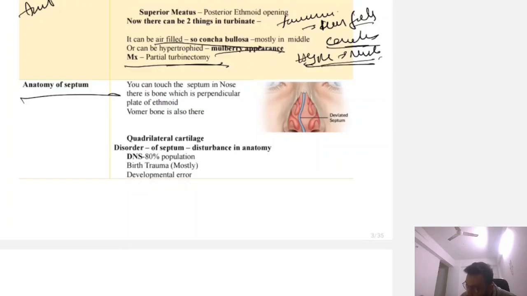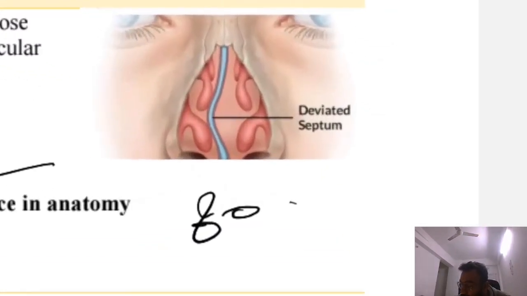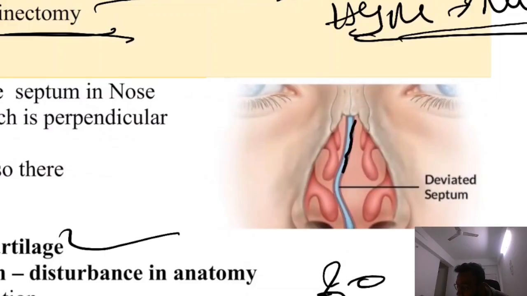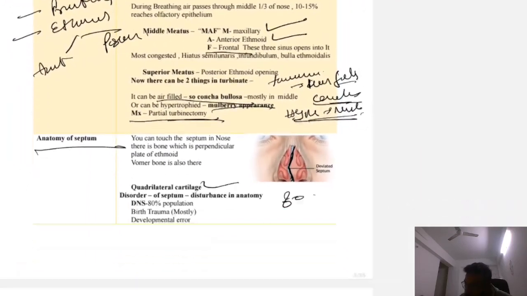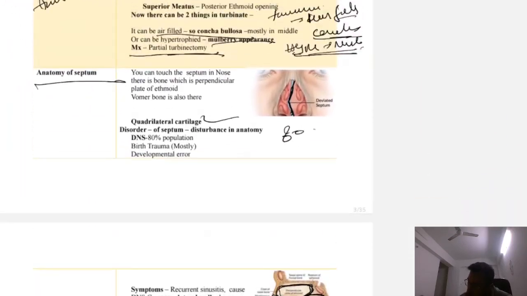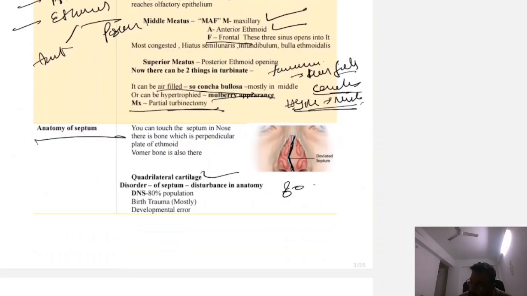Now the quadrilateral cartilage. This is normal if it is in the center. In 80% of cases it is deviated. You can see this is a deviated nasal septum. Because it is deviated, it causes blocking of the nostril on that side.